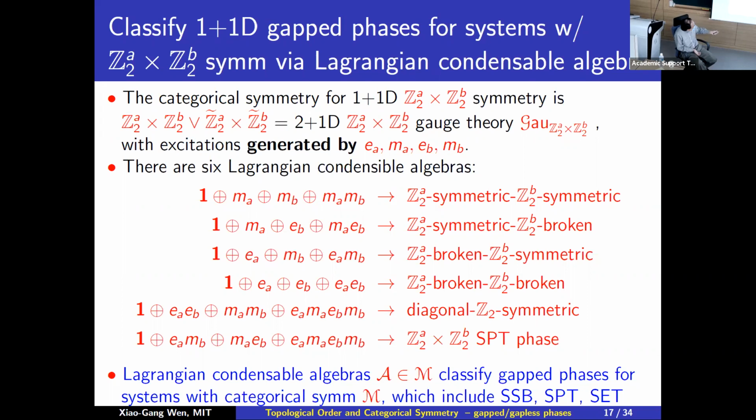Actually, this is a Z2A cross Z2B SPT state. So this is an example showing that the maximum Lagrangian condensed algebra can capture an SPT state. This may be the simplest way to understand an SPT state without using group cohomology, just using Higgs condensation. You get an SPT state. I think this is pretty cool.